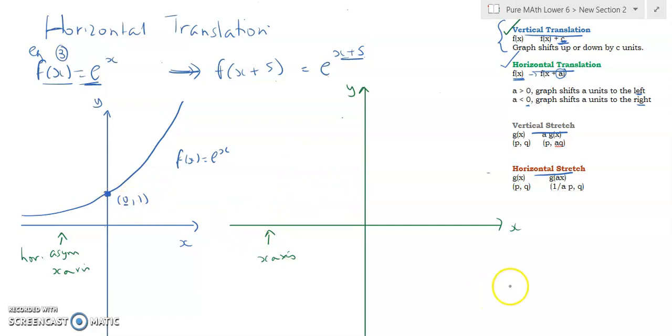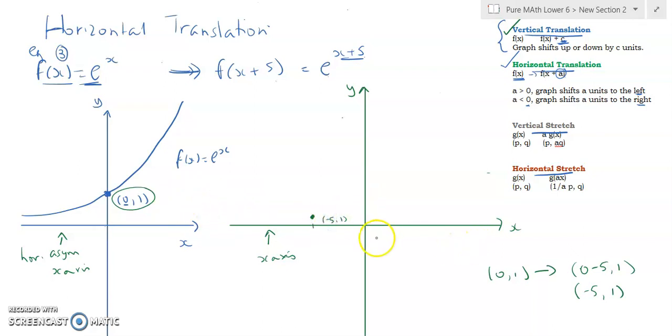Now if I look at the first point here, (0, 1), and I want to modify this, I will take it to be 0 minus 5 because it's shifting 5 units, and become (-5, 1). So (-5, 1) will be my new point, around here. Let me go a little lower because I have to keep room for bigger numbers.